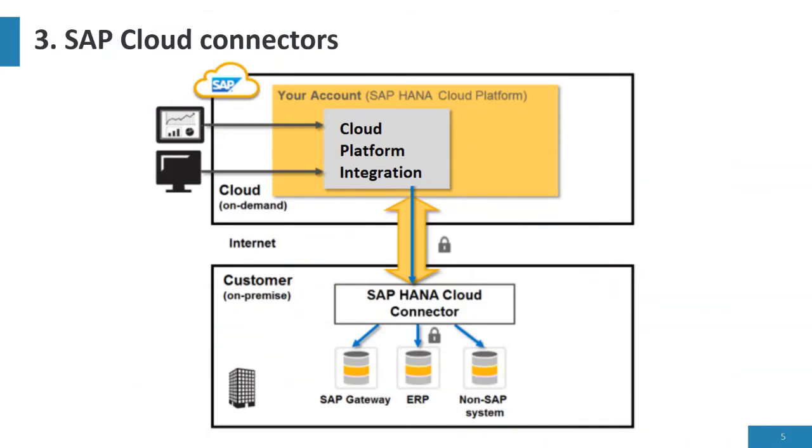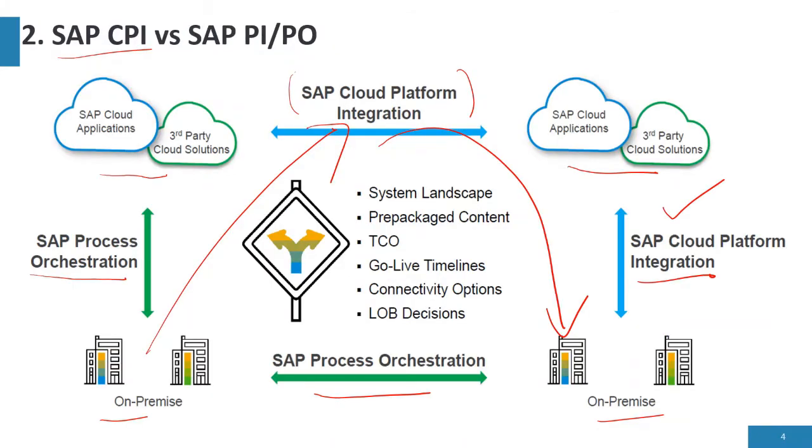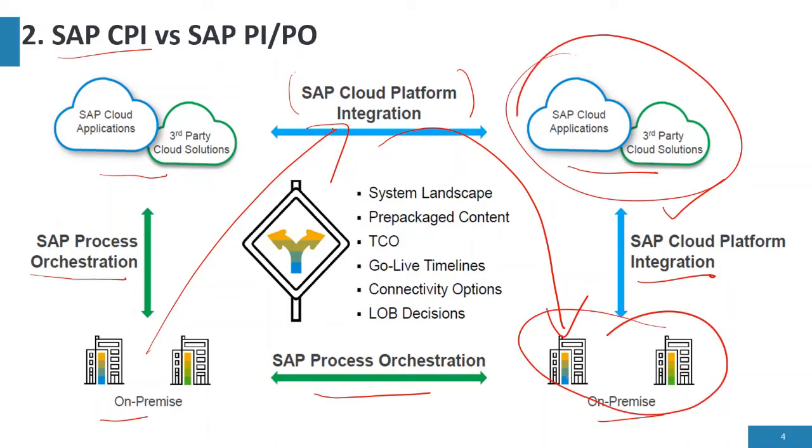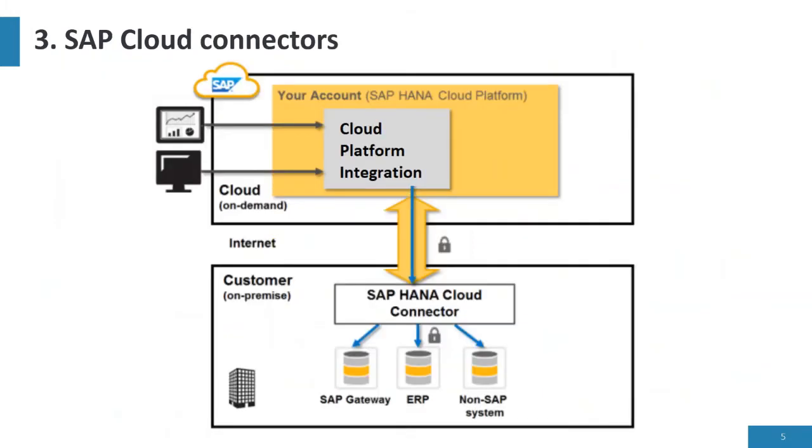So when we talk about integrating cloud systems with on-premise systems using CPI, how exactly are you going to do that? We aren't able to connect directly to the on-premise system, but we will have a cloud connector in the picture. For now, remember that when we want to connect CPI with an on-premise system, we should use the cloud connector.